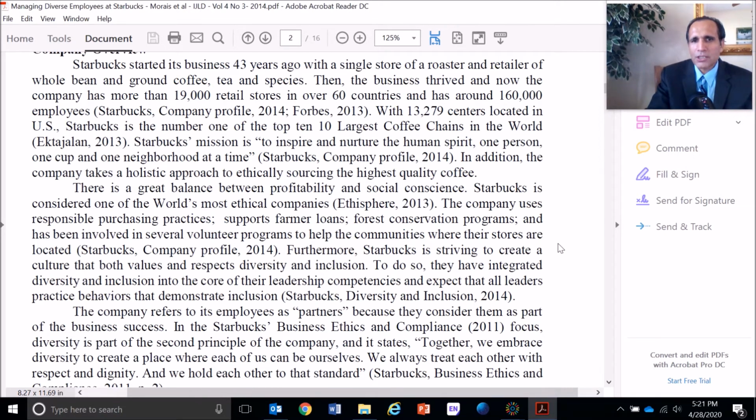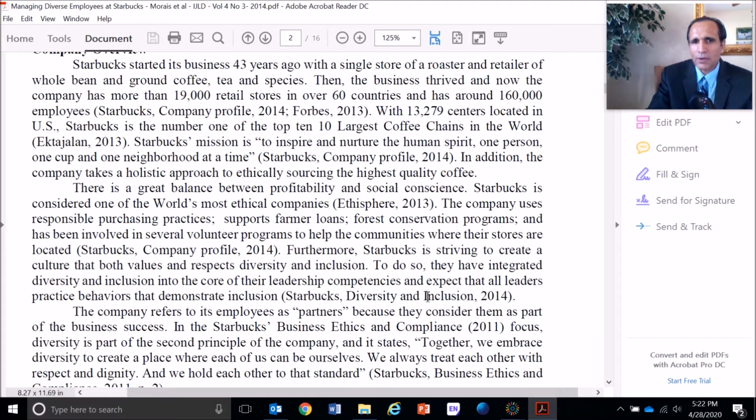Furthermore, Starbucks is striving to create a culture that both values and respects diversity and inclusion. To do so, they have integrated diversity and inclusion into the core of their leadership competencies and expect that all leaders practice behaviors that demonstrate inclusion.